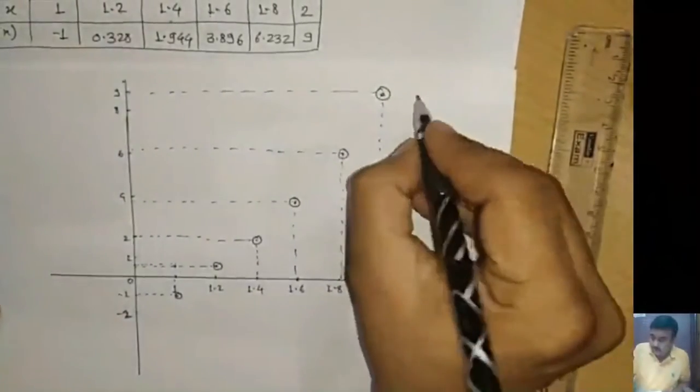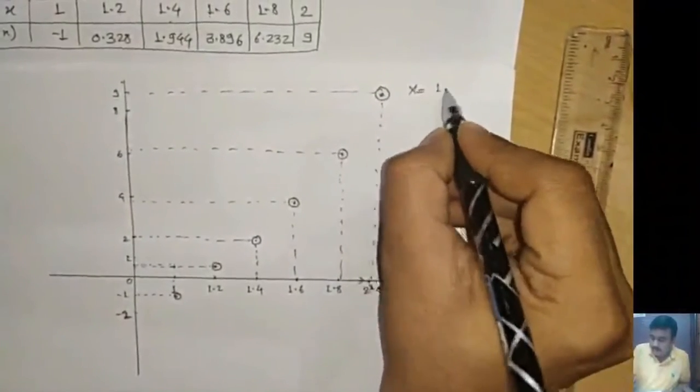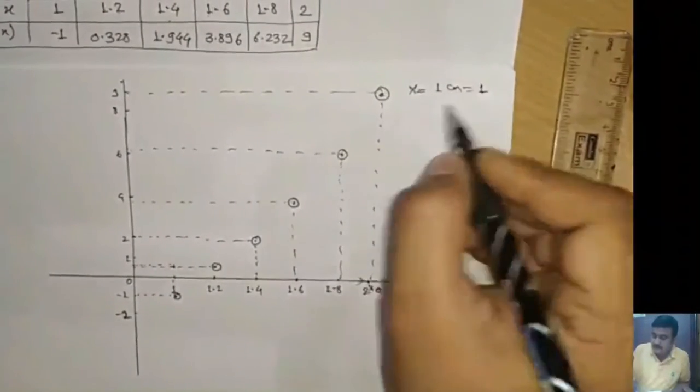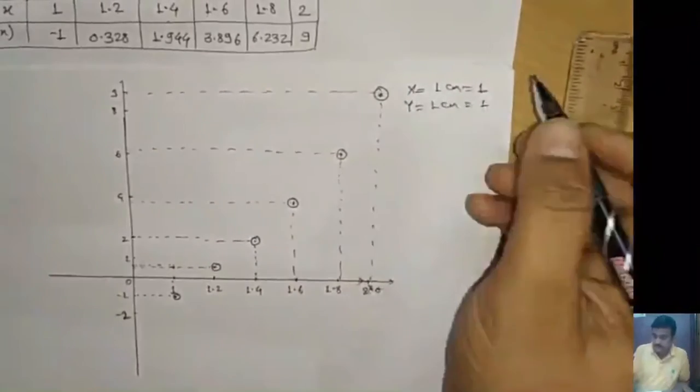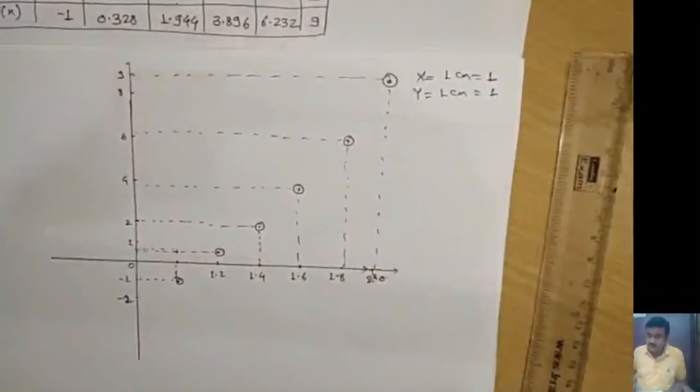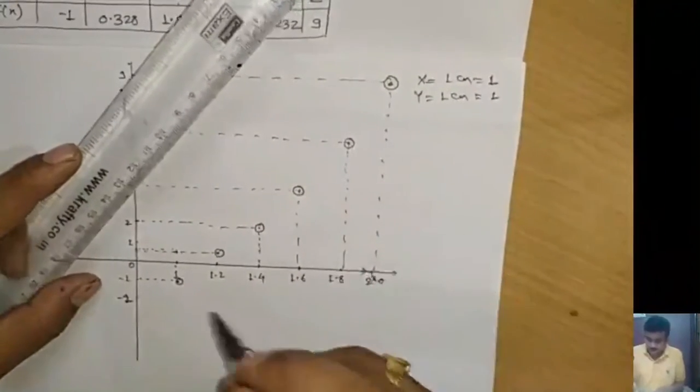Here we use scale on x-axis, 1 centimeter equals 1, and on y-axis 1 centimeter equals 1. Now we have to join all these points with the help of scale.